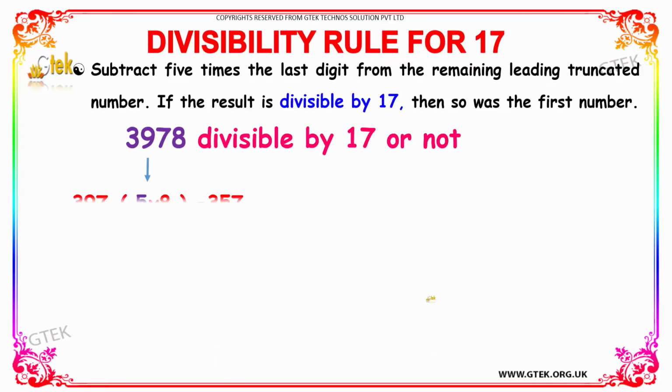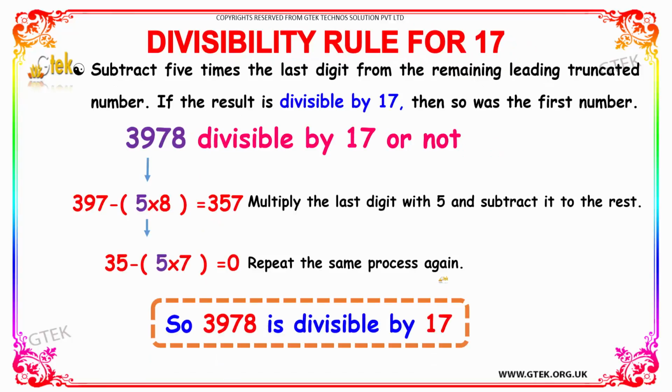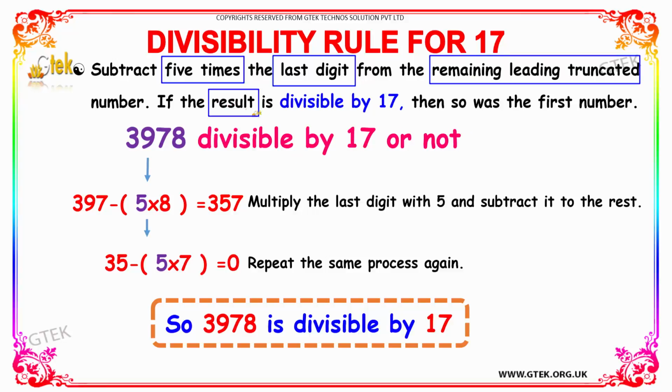Next we have the divisibility rule for 17. To check whether a number is divisible by 17 or not, you have to subtract 5 times the last digit from the remaining leading truncated number, and if the result is divisible by 17, then the number will also be divisible by 17.